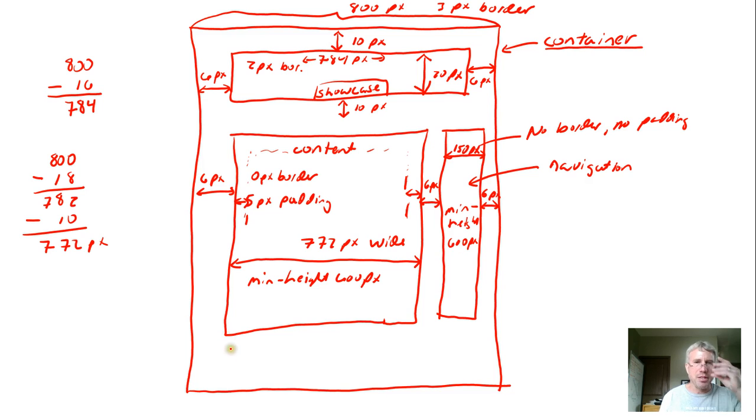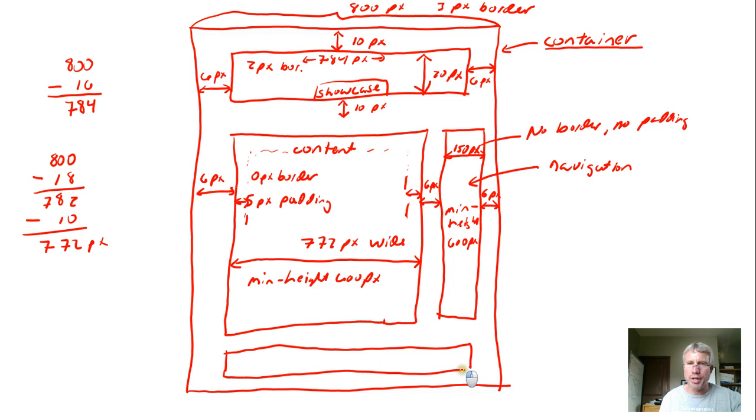And then down at the bottom, I think I'm going to stick a footer. Maybe my copyright information goes in here. I can put whatever I want in it. I'm going to match the width specs on the showcase. So this is going to be my footer, and that's what I'm going to name him. I'm going to name him footer. So I've got a box named content, a box named navigation, a container, a showcase, a footer.